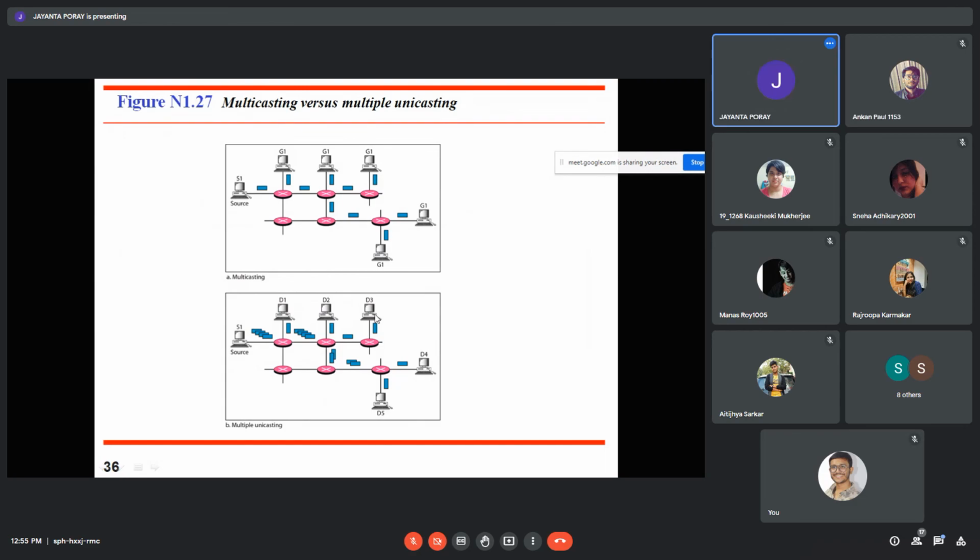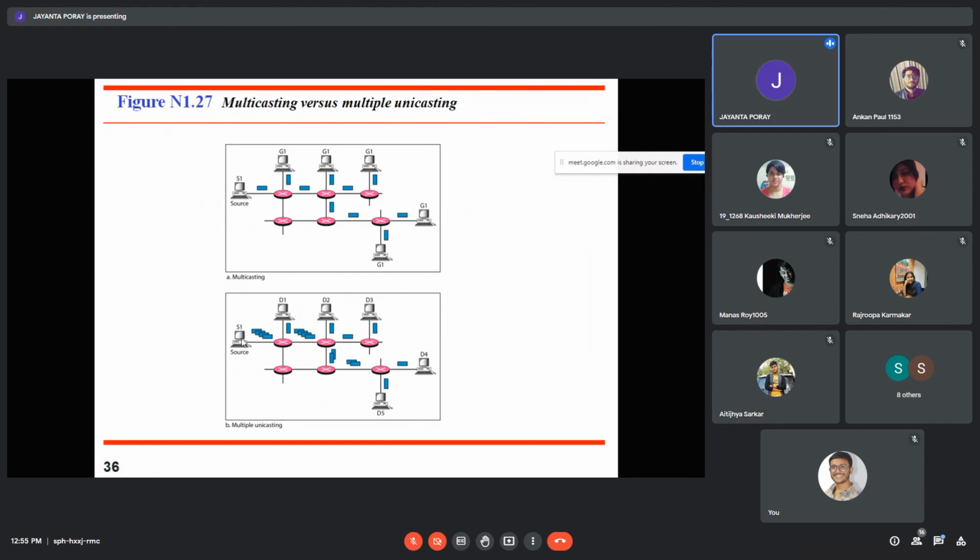Unlike the group members, here D1 is getting one packet, D2 is getting another packet, D3 is getting another packet, like that. So each packet is using a single interface. Therefore, for multiple unicasting, we are segregating different single interfaces together, unlike multicasting.